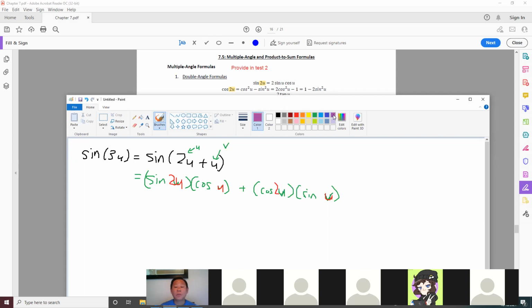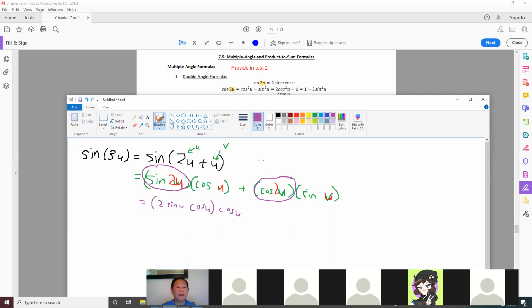Now we have to use the double angle formula to replace this one and this one, because they are double angles. So what is sine 2u? Sine 2u is 2 sine u cosine u, and you also have to multiply by another cosine u.